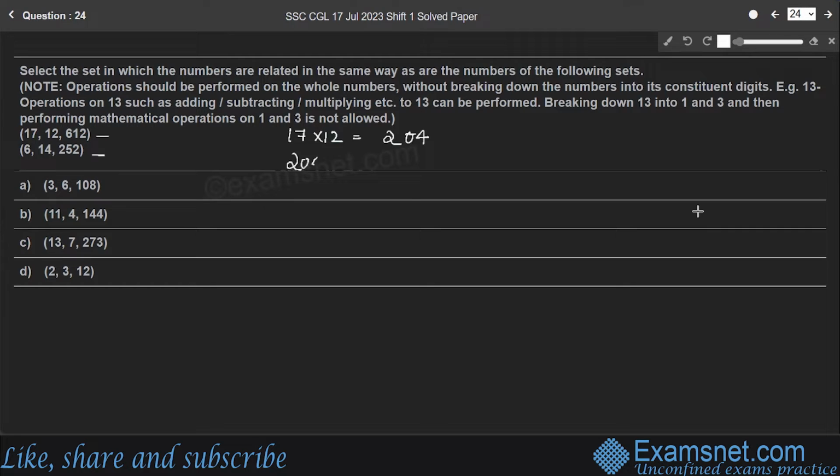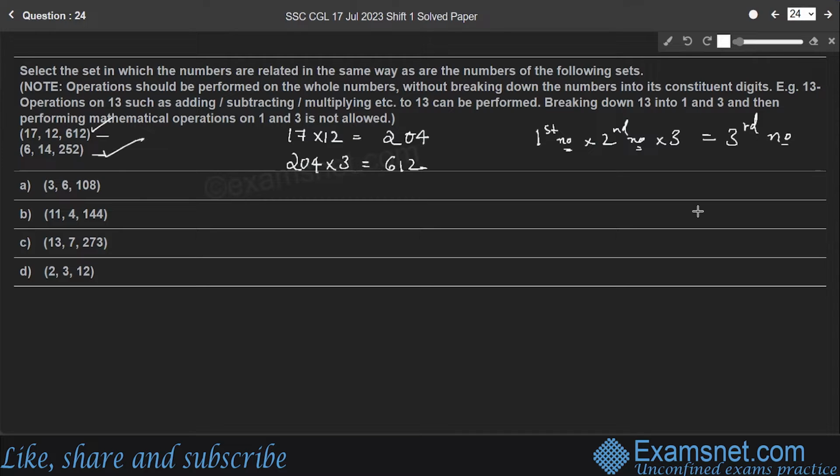Whereas 204, when it is multiplied by 3, you will get 612, which is the third number. Therefore, here the logic is first number into second number into 3 gives third number.